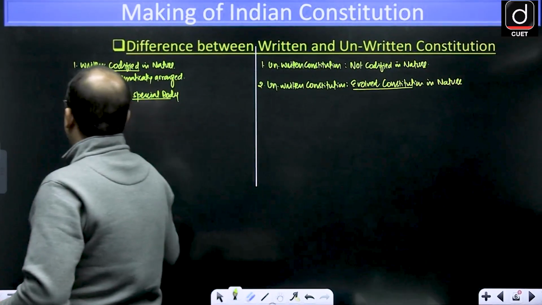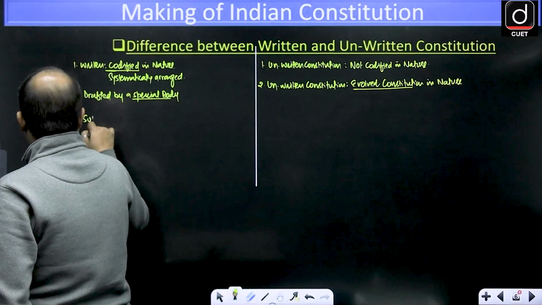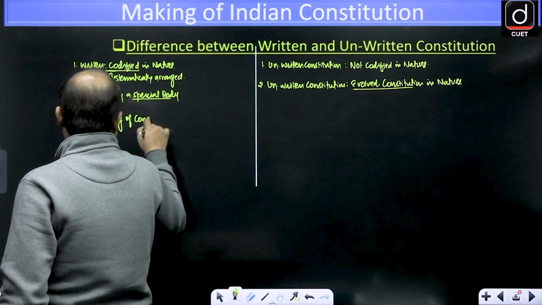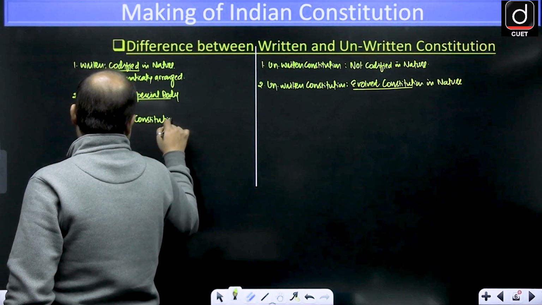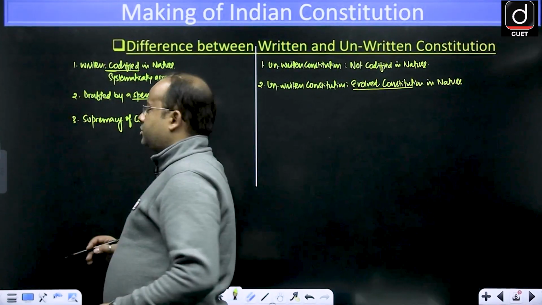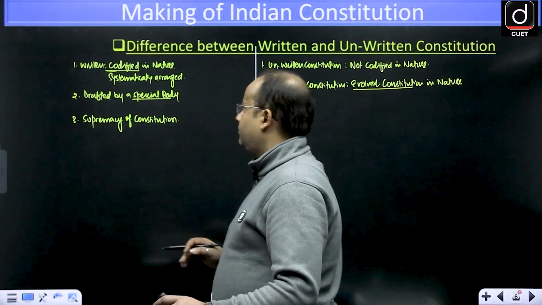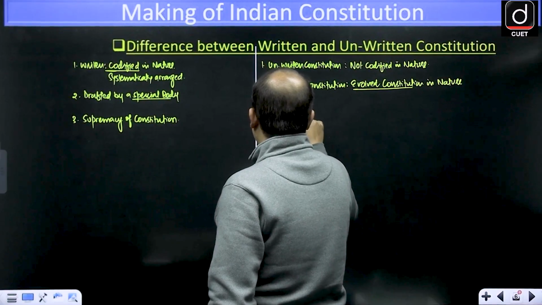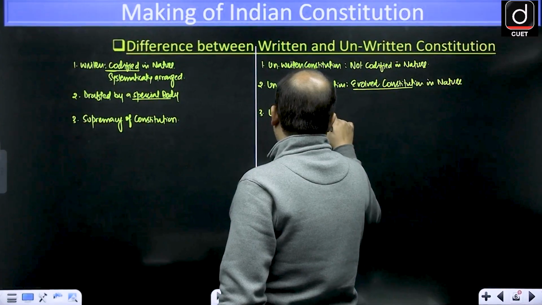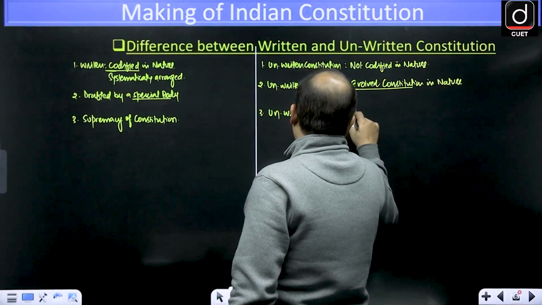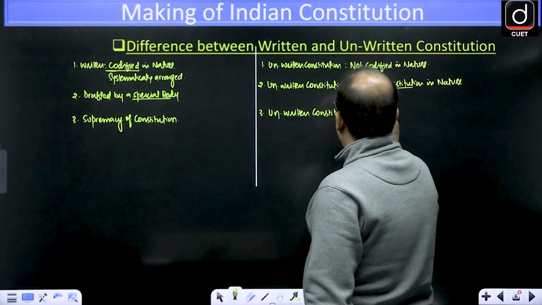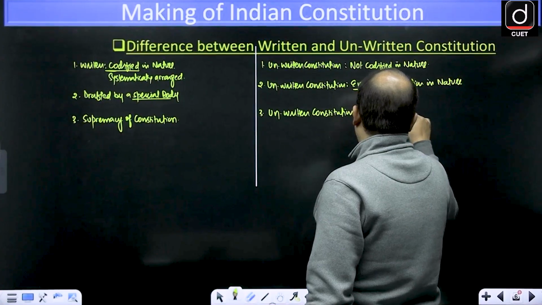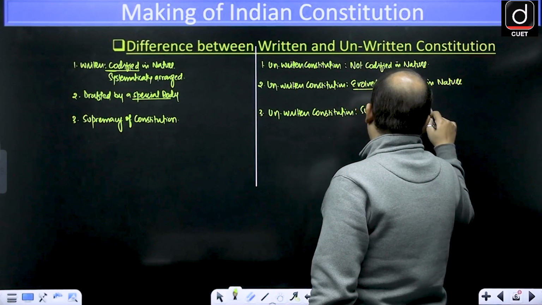Third is supremacy of constitution. So in written constitution, the constitution itself is the supreme authority, whereas in unwritten constitution it is supremacy of parliament.